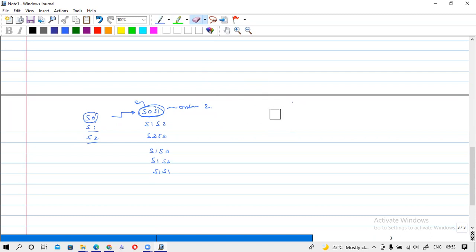Now the problem is how we find the probabilities for these.